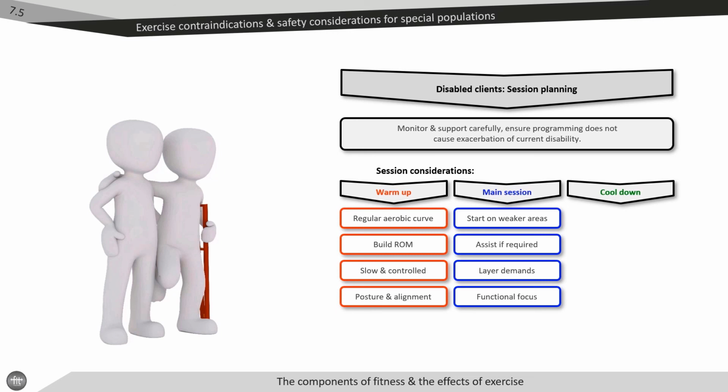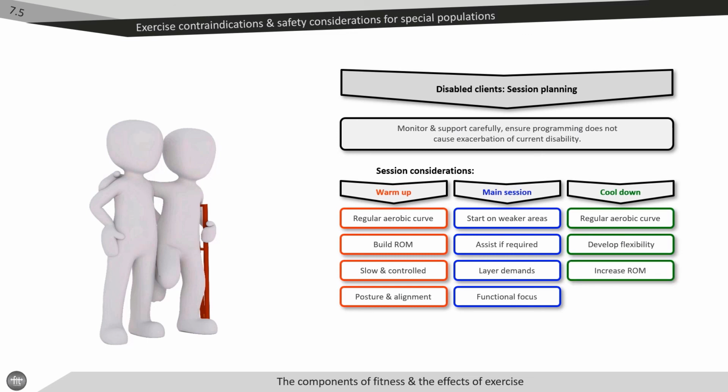When planning a cool down, an appropriate aerobic curve should be used, the opposite to that of a warm-up, to return the cardiovascular system back to a pre-exercise state. Promote stretching for specific muscles which have been used during the workout, encouraged to hold to mild tension only, with a preference for static stretches to develop flexibility being recommended, particularly in any spastic musculature.